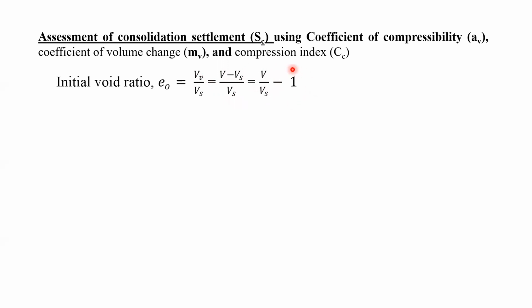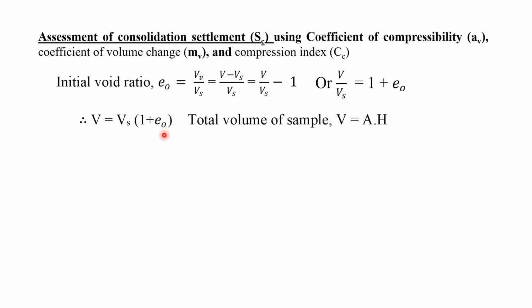Which can be further written as V by Vs minus 1, or V by Vs is equal to 1 plus e0, the initial void ratio. Like that also we can write. So further V is equal to Vs into 1 plus e0.